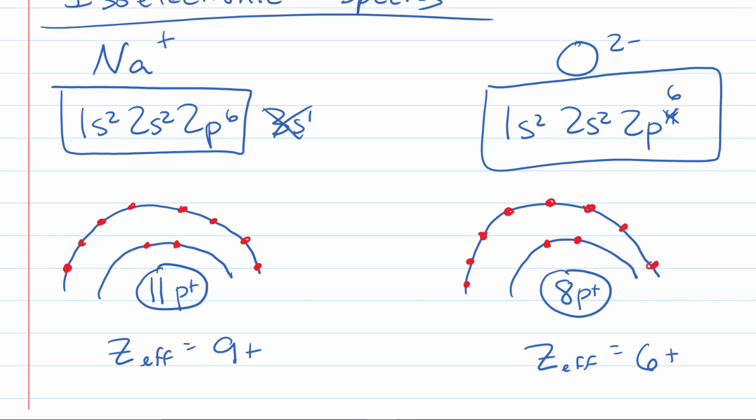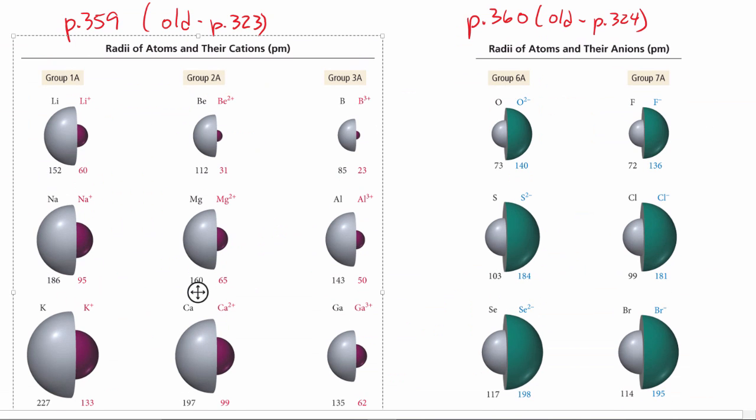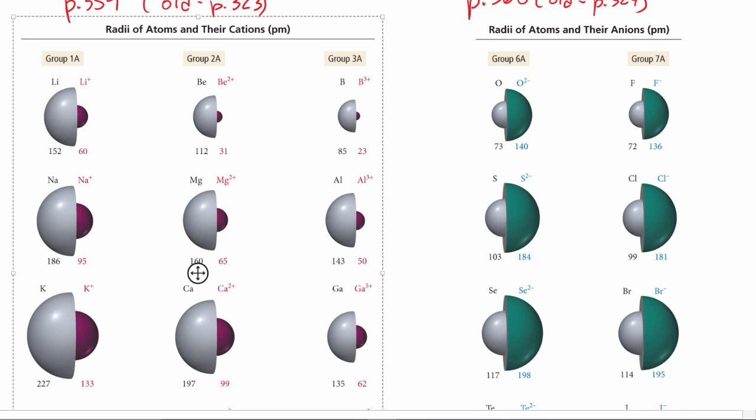Which one is going to exert a stronger attraction on the valence electrons? Sodium. Sodium will. And if this one exerts a strong attraction, this one should be smaller than this one over here. So then if you go to your last page, no, this is not the last page, this is probably your insert then, and we look at those effects, then make the comparison.